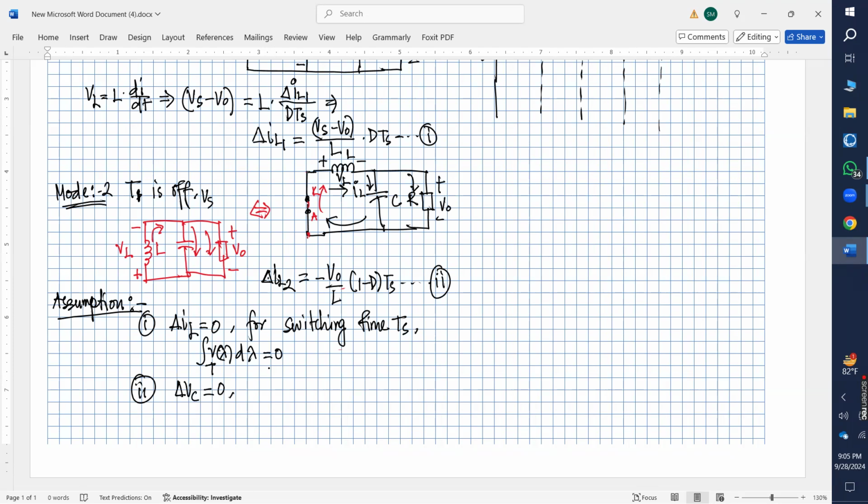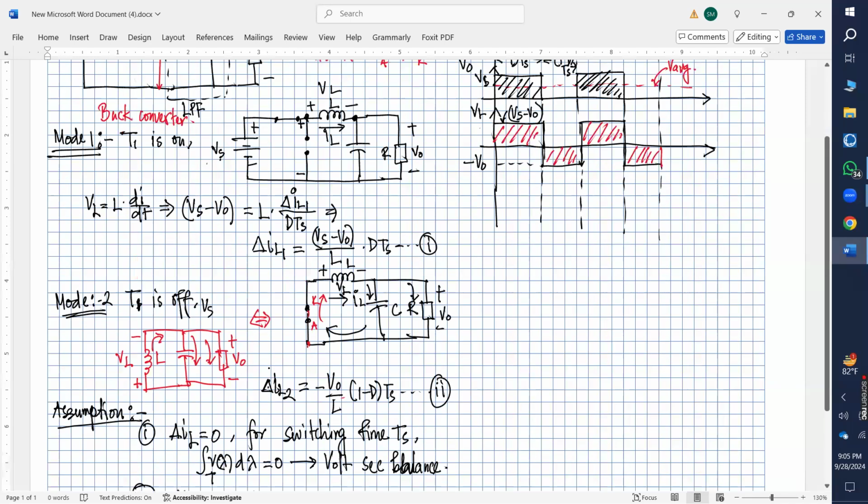And from that, we derived that my total current IC average over a switching time period should also be 0 across the capacitor. So this equation is known as volt second balance, and this equation is known as ampere second balance.